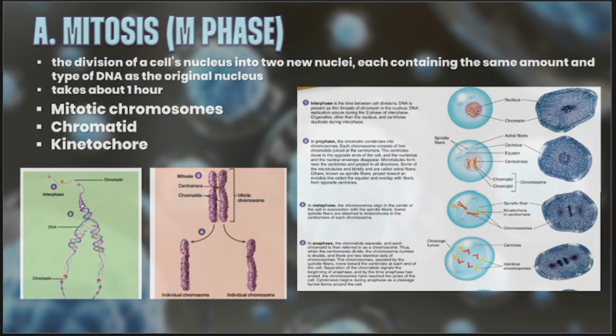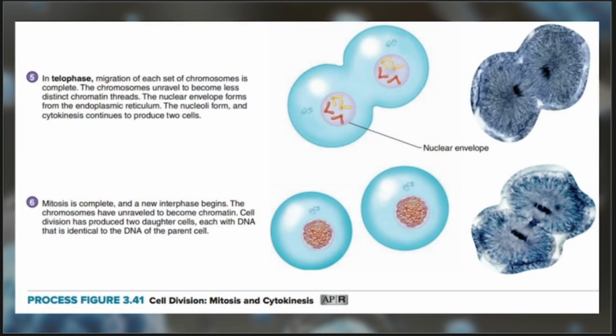Okay? Next, after the M phase, in your mitosis, we have your prophase, your metaphase, your anaphase, and your telophase. Just a recap from your basic education biology: in your prophase, your chromosomes condense, the spindle fibers form, and the nuclear envelope breaks.